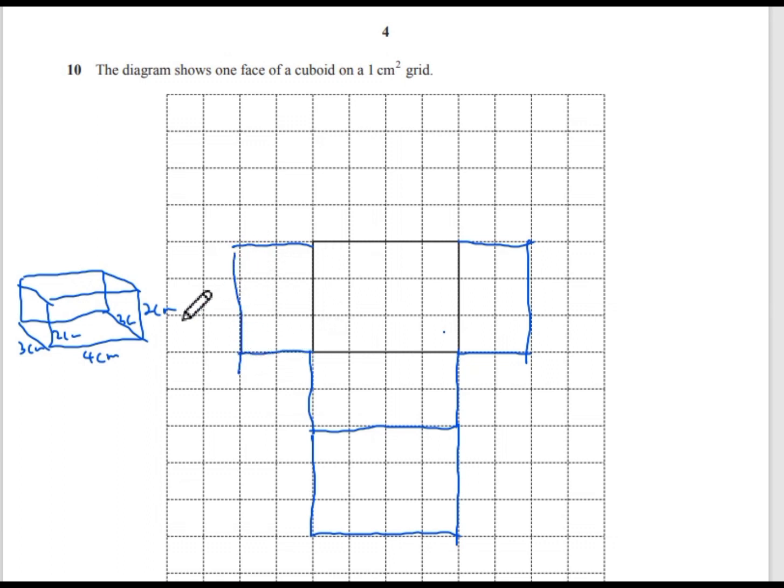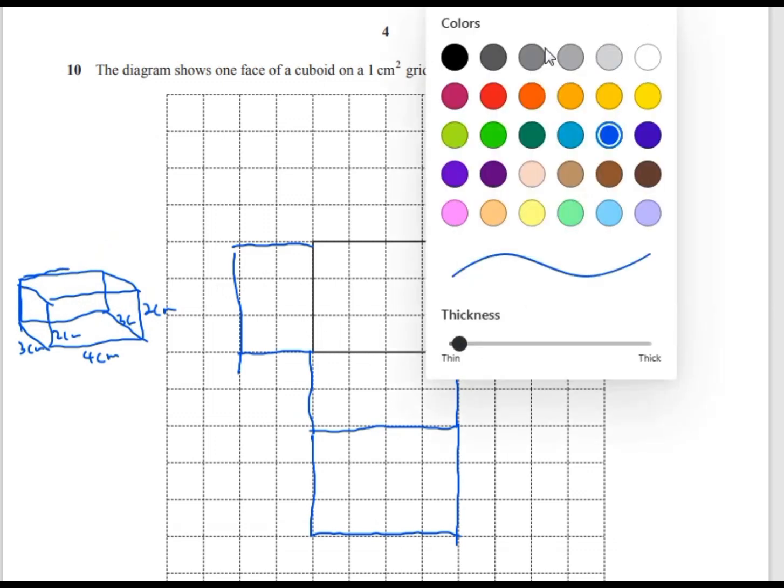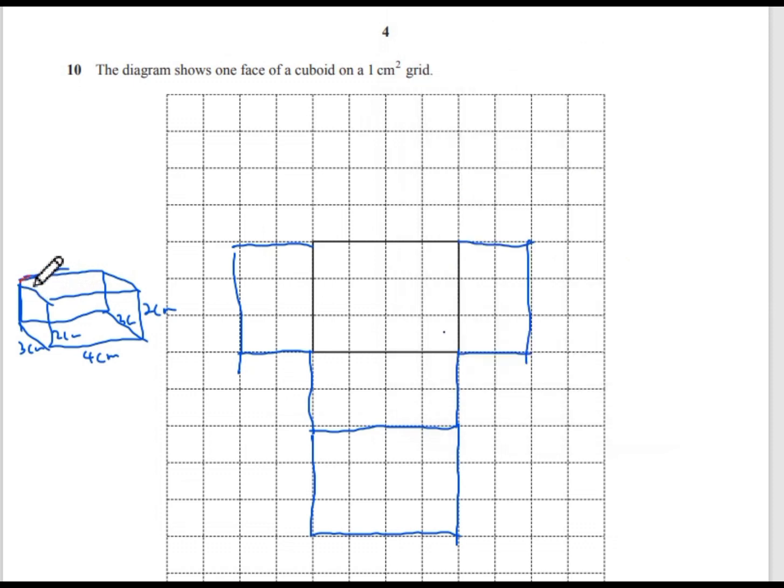You get it? Now the final part is this back here. Let me indicate it in that color. This is 2 centimeters. This is 2 centimeters.